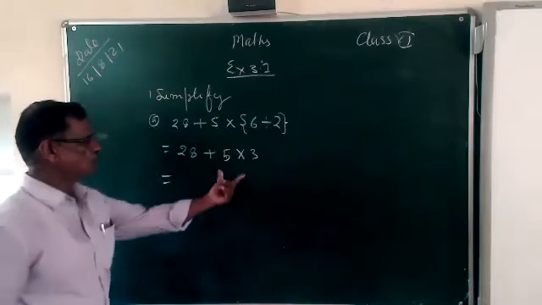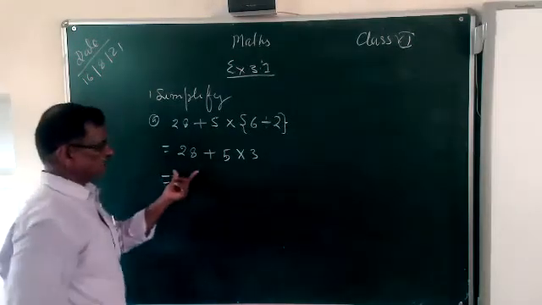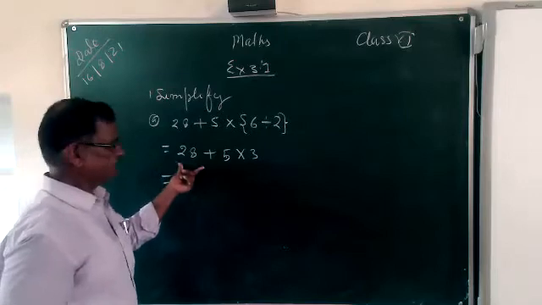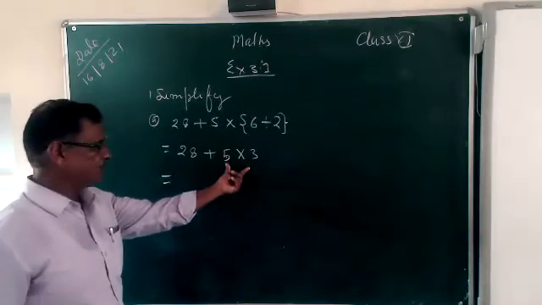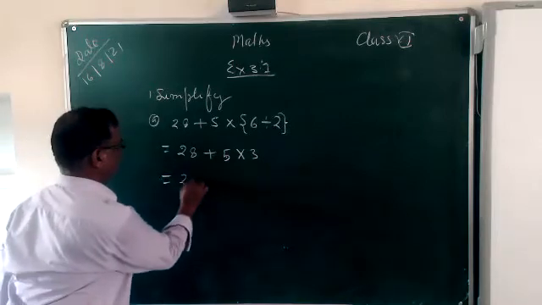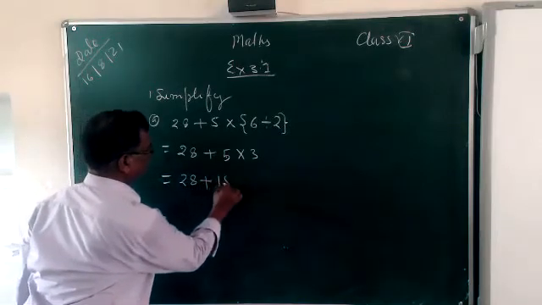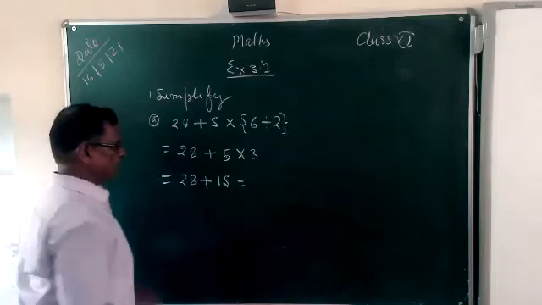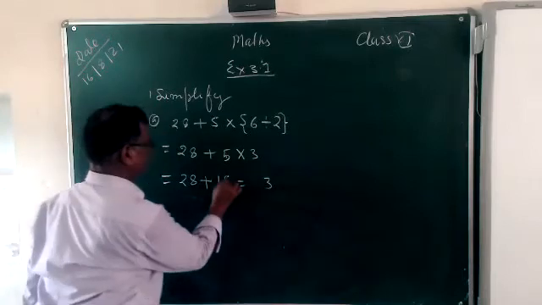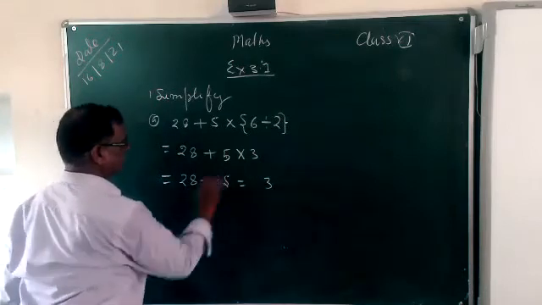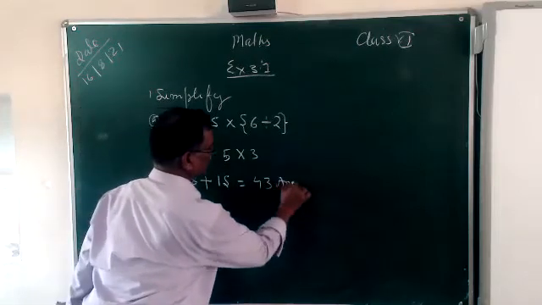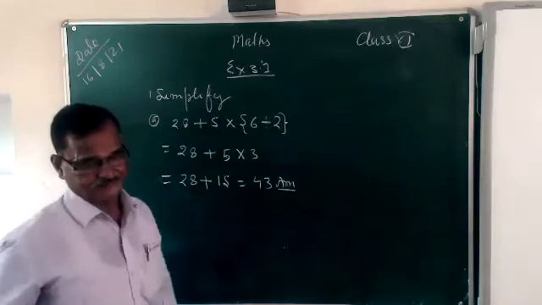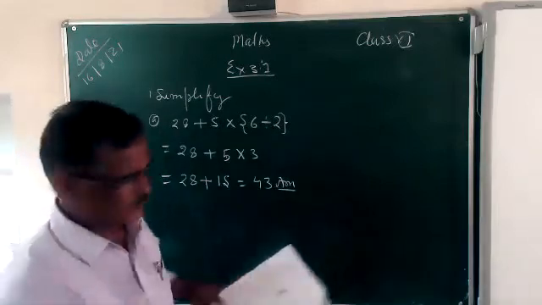Then you multiply, because here there is no of and no division left, so multiply: 28 plus 15. Now 3, 5 and 8 is 13, 3 carry 1, and 3 and 1 is 4. Your answer is 43.